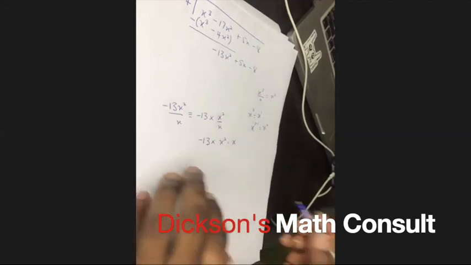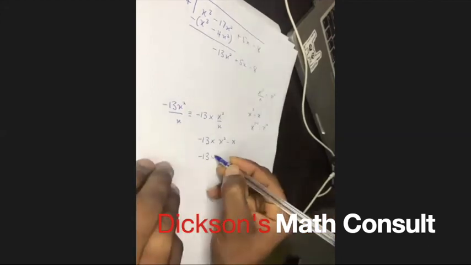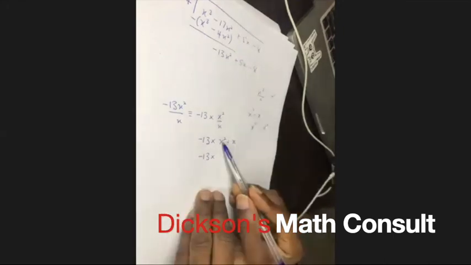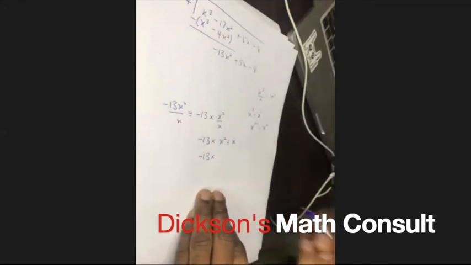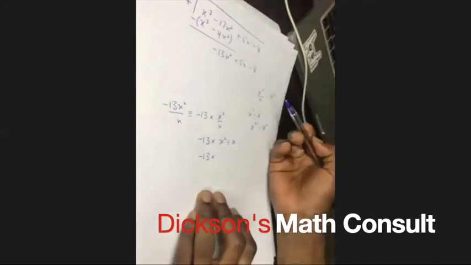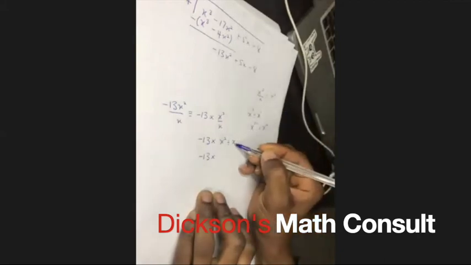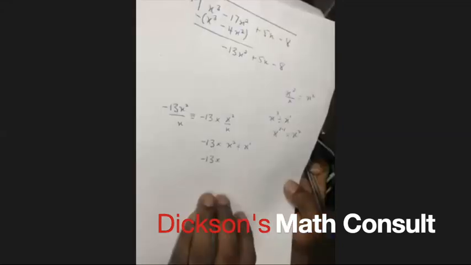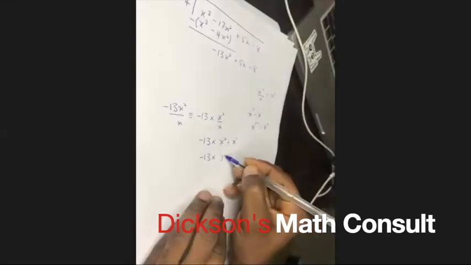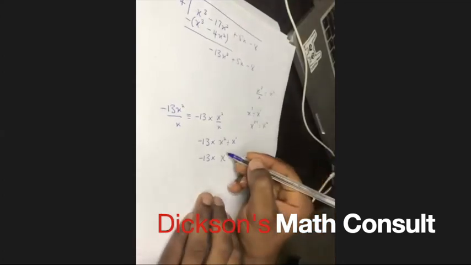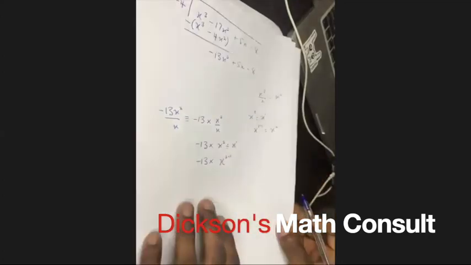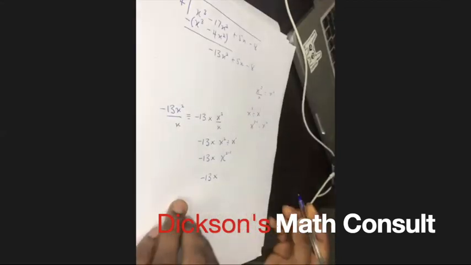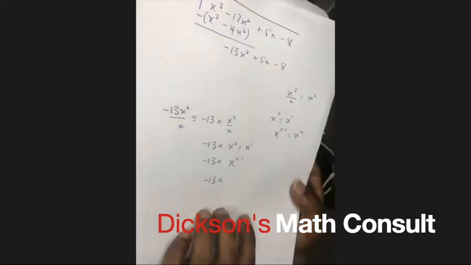Good. Now I have negative 13 times, because this is division, I am going to pick one of these and then I subtract the exponent. Any number standing alone is raised to the power 1, but we don't write it. So I have x raised to the power 2 minus 1. So negative 13 times, what is 2 minus 1? 1.